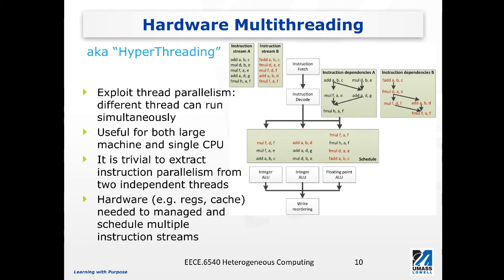We have two instruction streams, A and B, and we can think about these as different threads. We color code these instructions blue and red to make it clear in this illustration.